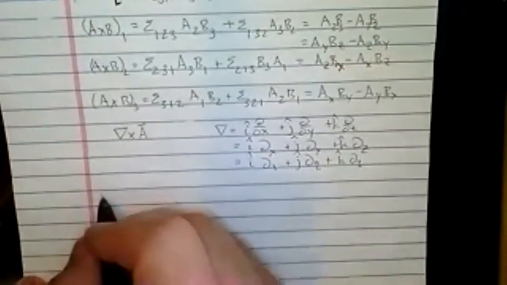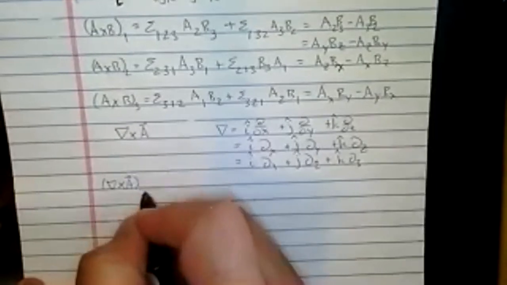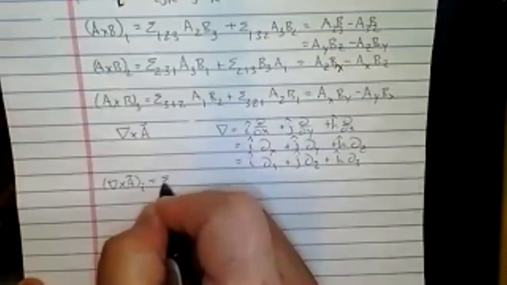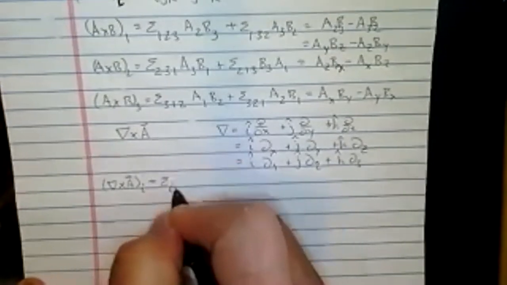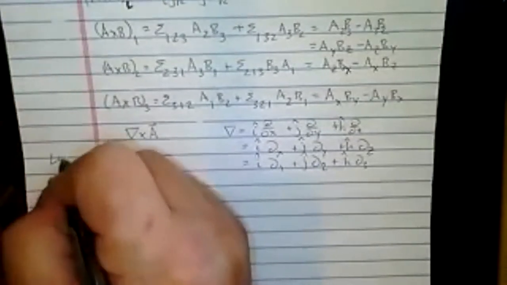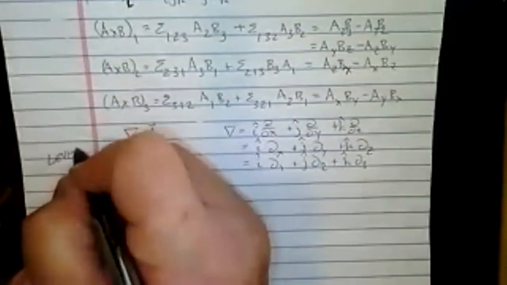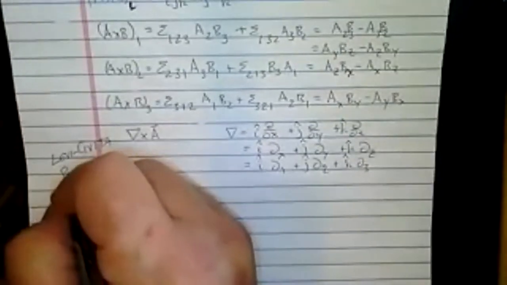So if I want to use del cross A and find its ith component, then I'd write epsilon sub I, J, K, the Levi-Civita. And by the way, this is that spelling, Levi hyphen Civita.